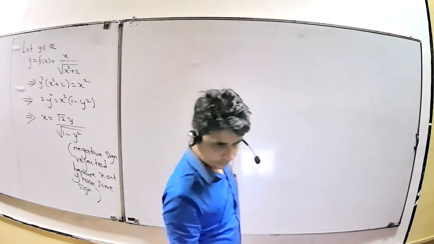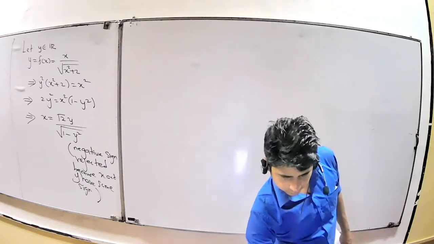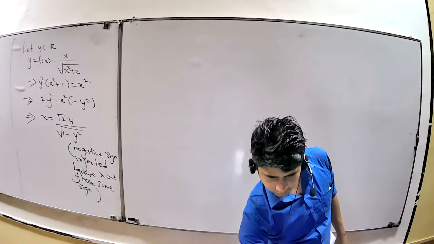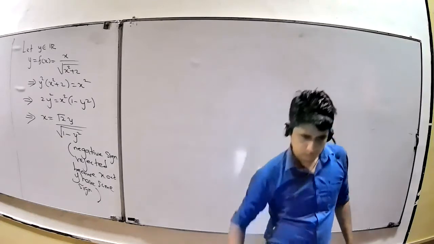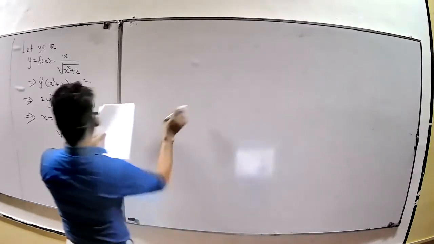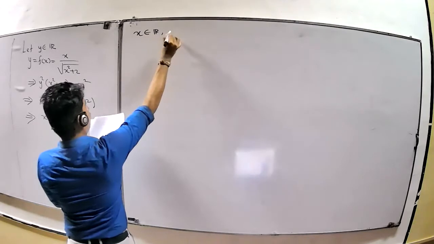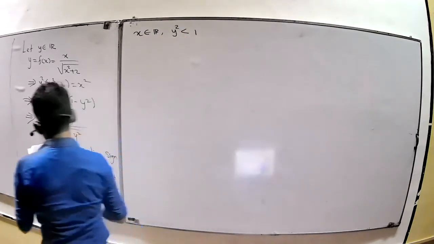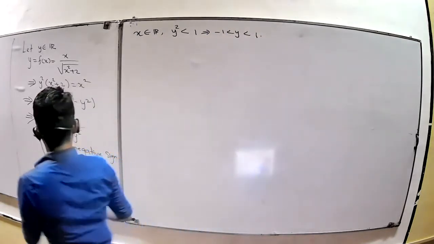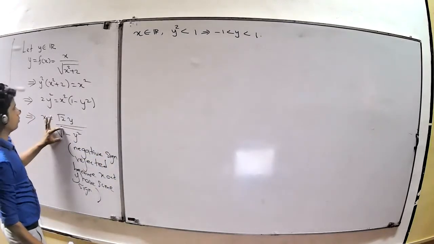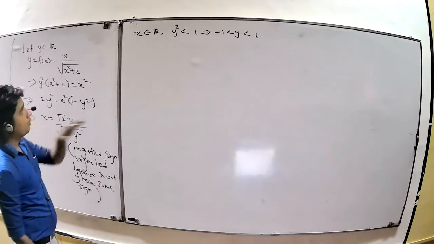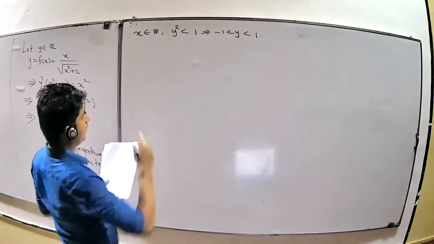Obviously y squared is less than 1, so y is between minus 1 and plus 1. Because if y squared were not less than 1, we would get complex roots, but this is a function from real numbers to real numbers. Therefore y squared should be less than 1, so your range of y is minus 1 to plus 1.